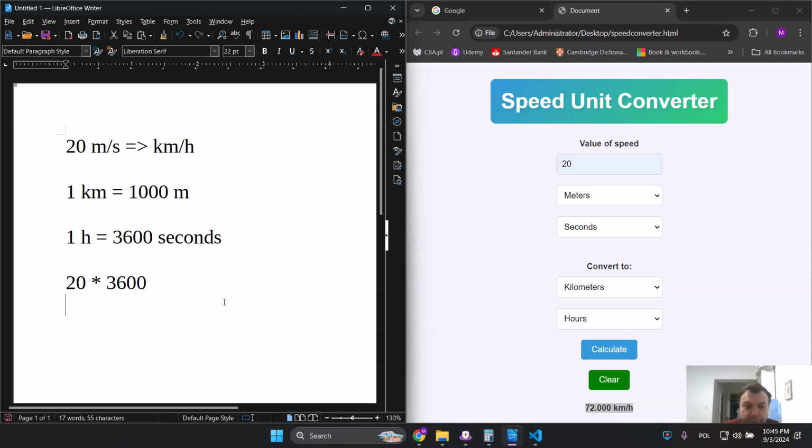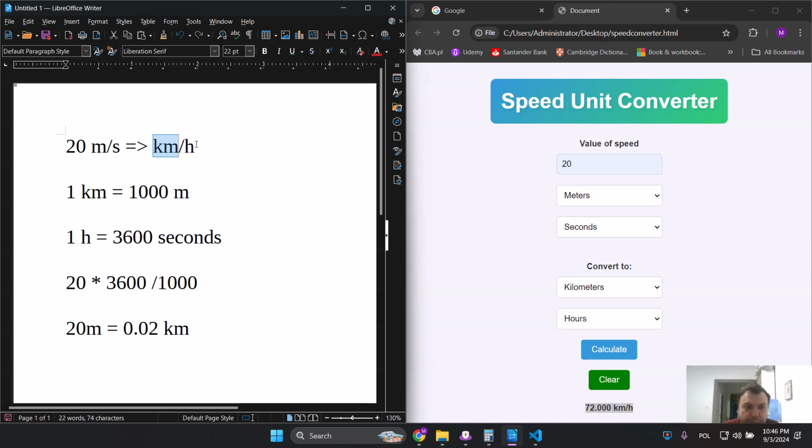But you may ask me, why later do we divide it by 1000? We could also say maybe we should also multiply it, but in this case we need to divide it by 1000. Why is that? Because we have 20 meters and 20 meters equals 0.02 kilometer, and we express meters as kilometers.